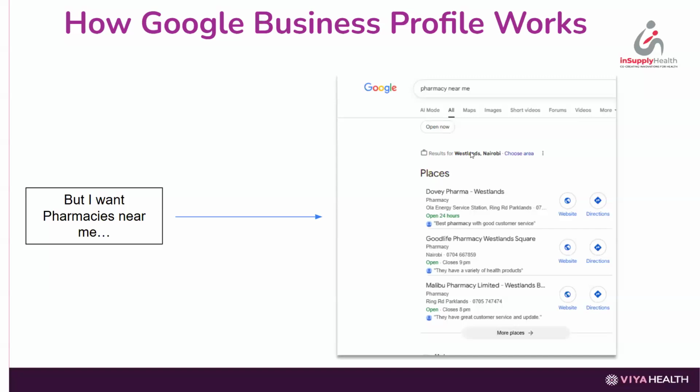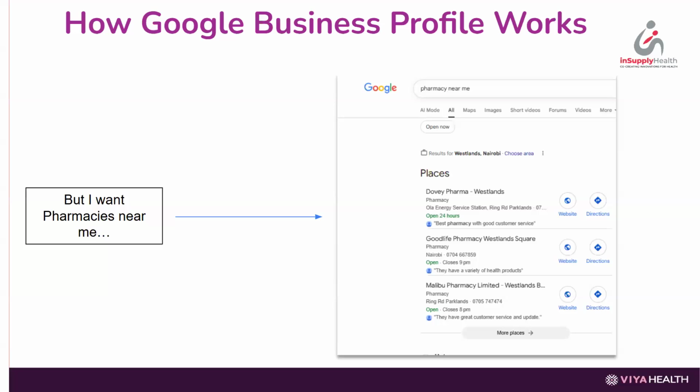In terms of, do you have the best naming for your pharmacy? Let's say you are in Gong, so it can be maybe Dove Pharmacy, and then you have a naming from the location that you are. So you say Dove Pharma, and then you will have the name of the location, which is Gong.